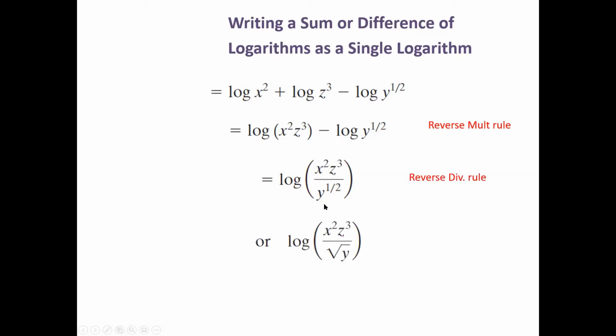Now, the only other change you would make is to change this 1/2 power to the square root of y, because they don't really like leaving fractional powers as your final step. But either of these answers would be considered correct.